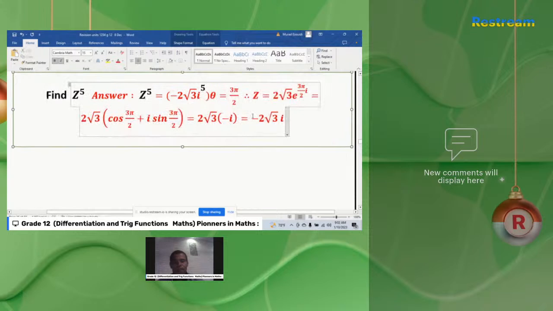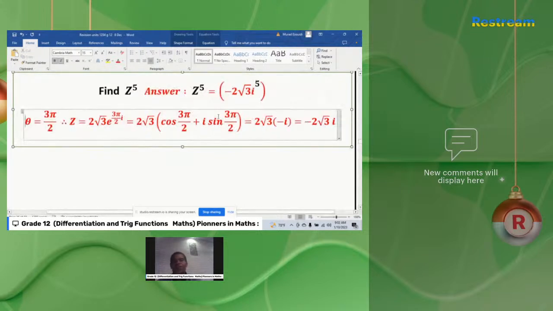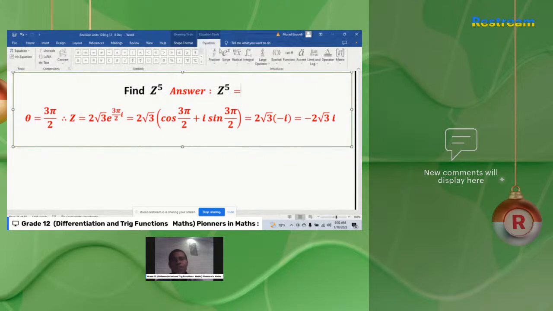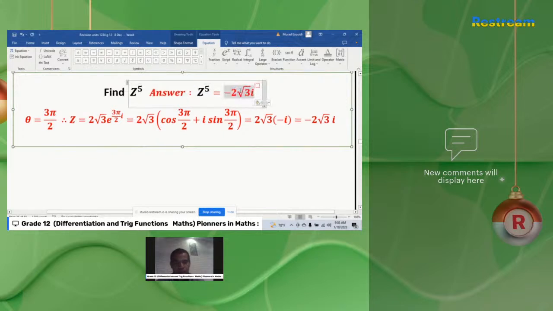Therefore, learners, to find z to the power 5 means I will erase this. So this is no need. Okay, equation, this one, I will make, I'll check now.